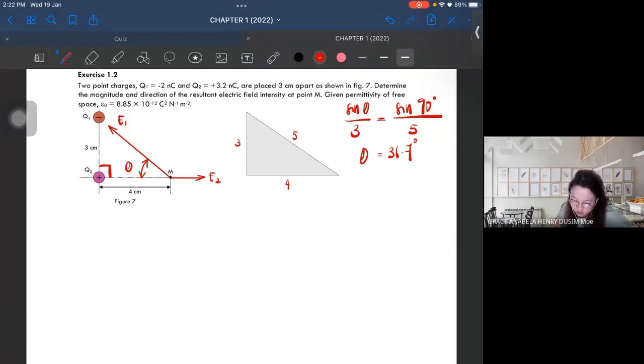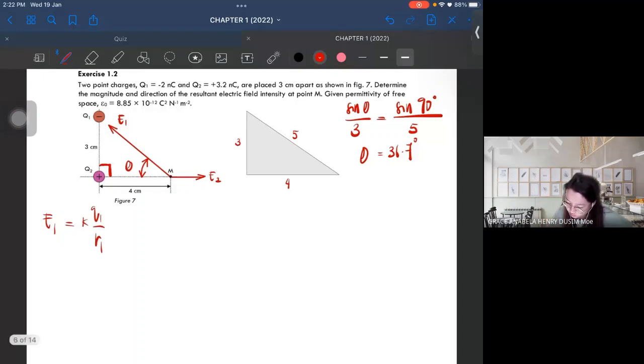Okay, so the first thing we will be doing is calculate the magnitude of E1, which is equal to K Q1 over R1 square. Okay. So R1 is equal to 5 centimeter. Then R2 is equal to 4 centimeter. Okay. So from here just substitute and then, oh I forgot square.